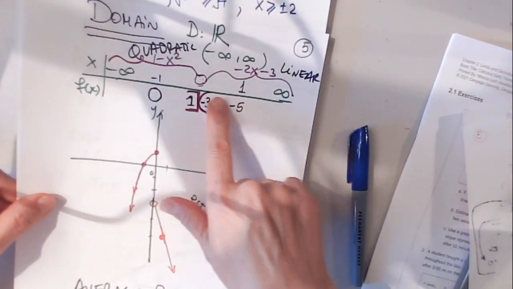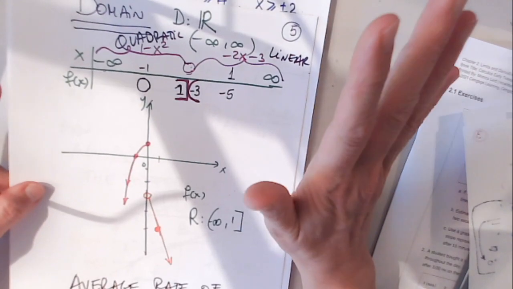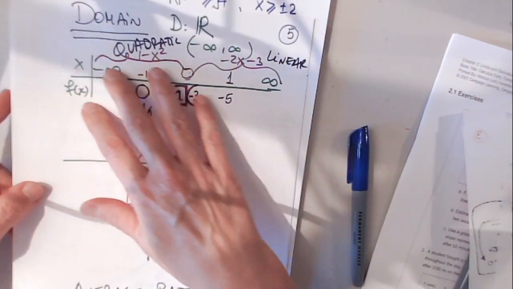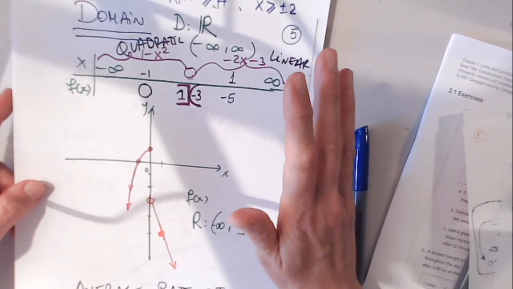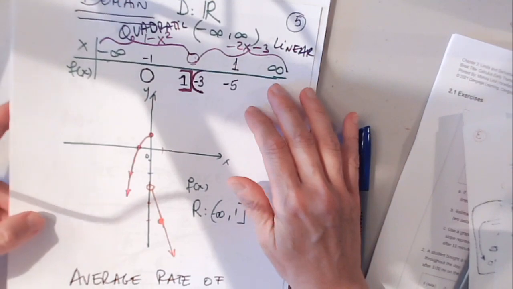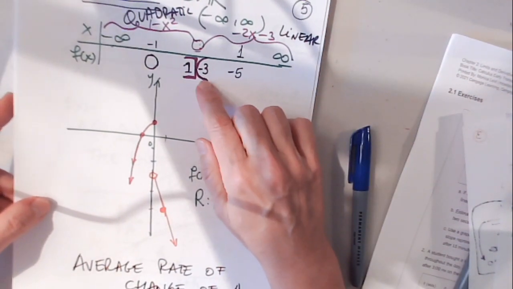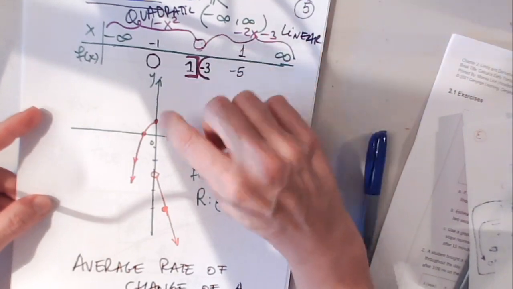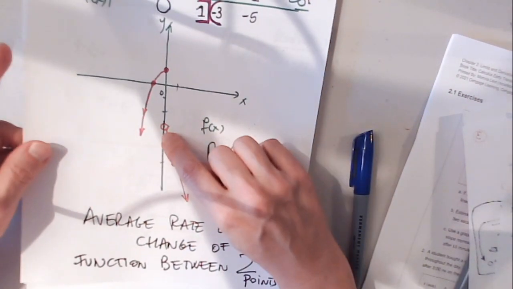After that, I prefer this table, but you can invent your own. If you don't like this table, you can use your own, but you have to present an organized table. So here I see that there is a jump. There is a full point at 0, 1, but there is an open point at 0, negative 3.